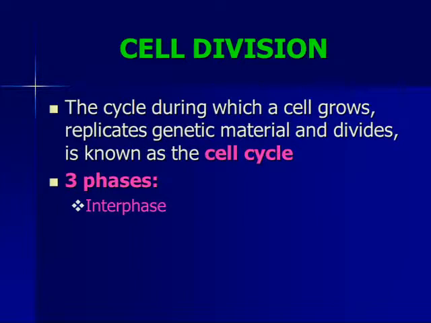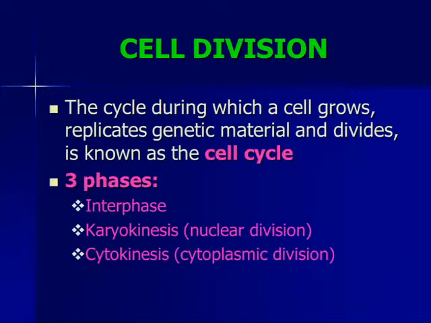And you must remember, meiosis does not occur during interphase. We have karyokinesis. That is part of meiosis. That is where the chromosomes are dividing, the nuclear division. Then we have cytokinesis, and that is when the cytoplasm divides and the cell membrane and cell walls grow back, depending on whether it's a plant cell or an animal cell.